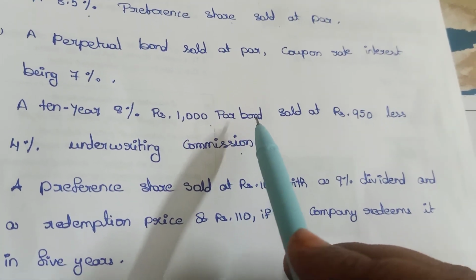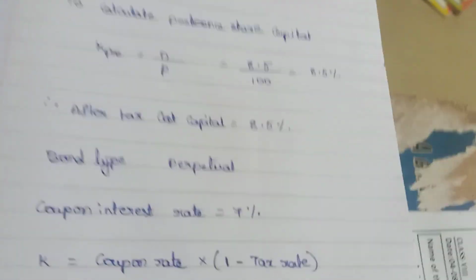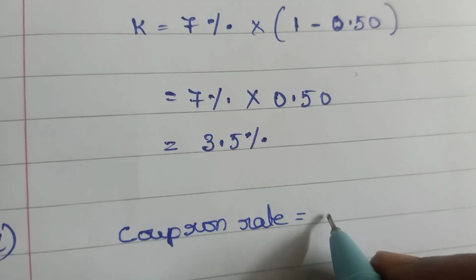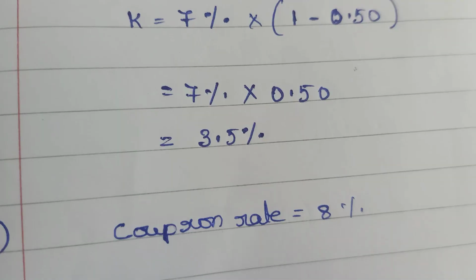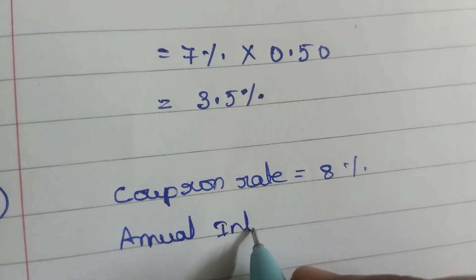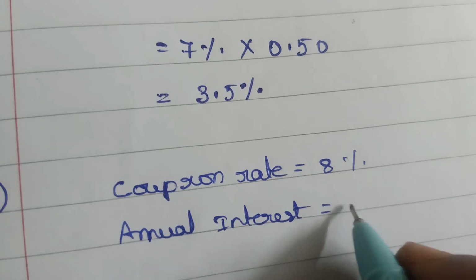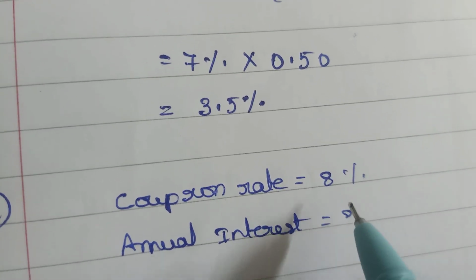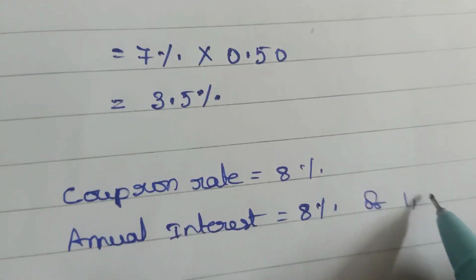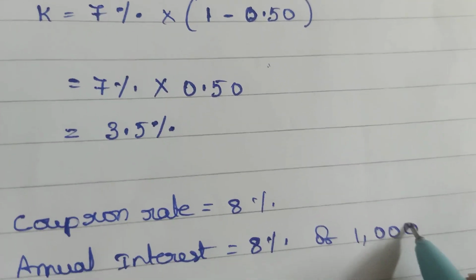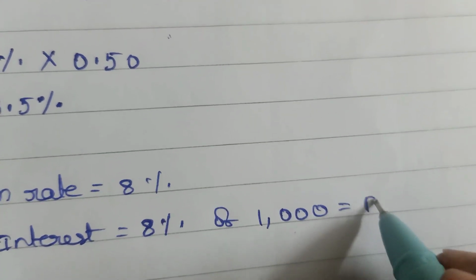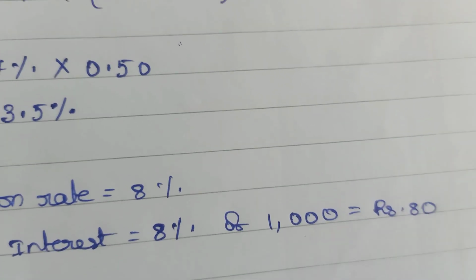The coupon rate is 8%. So the annual interest at 8% of 1000 is equal to rupees 80.